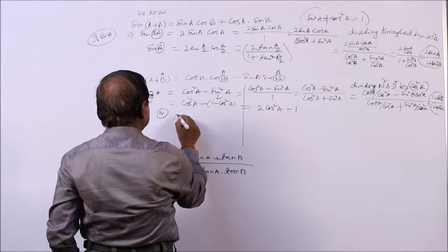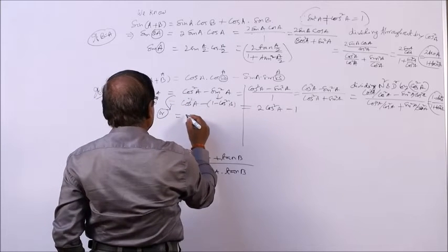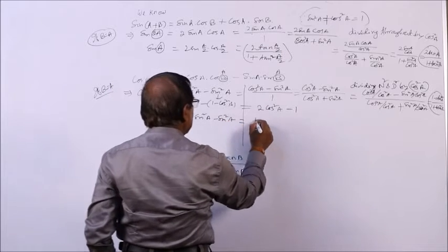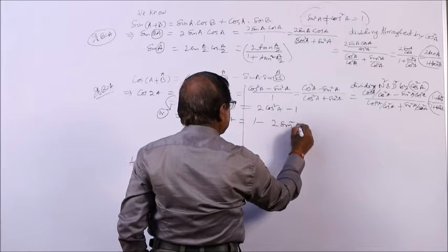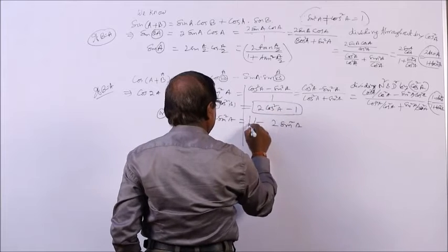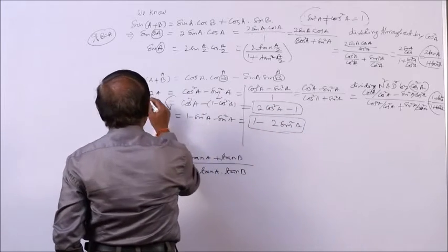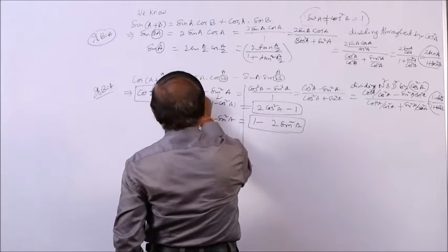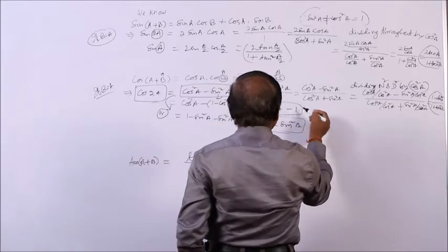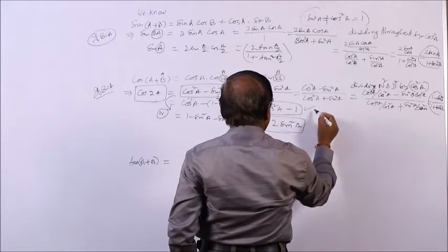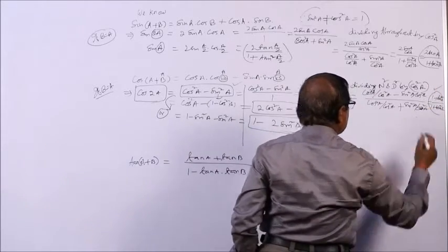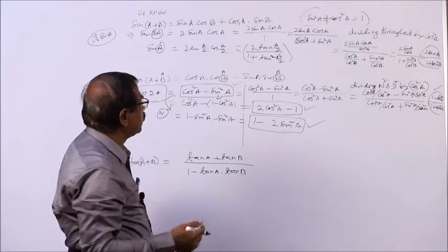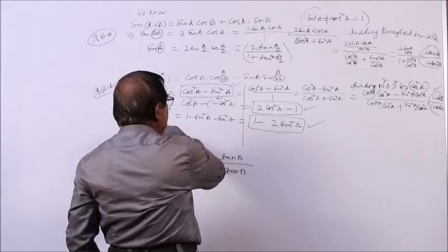Or this can also be written like this: cos square A minus sin square A, with cos square A as 1 minus sin square A, which becomes 1 minus 2 sin square A. You see how many formulas we are writing for this cos 2A: cos square A minus sin square A, 2 cos square A minus 1, 1 minus 2 sin square A, and 1 minus sin square A by 1 plus sin square A, because we are using these for solving problems.